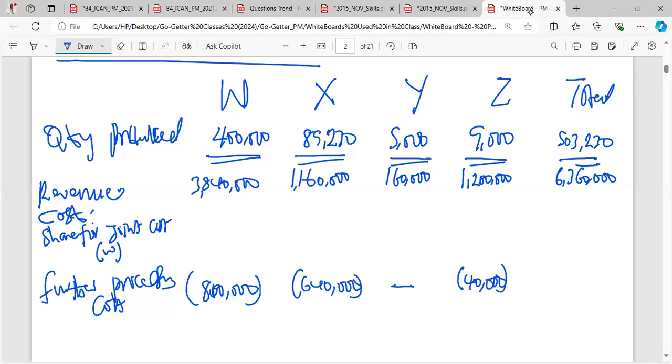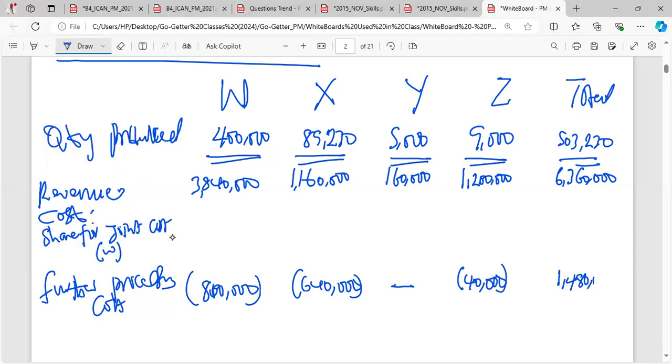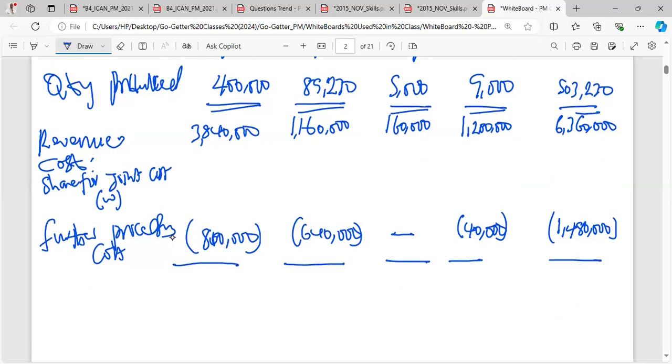You add them together: 800 plus 640 plus 40 gives me 1480. So this should be your profit. You don't know how much the profit will be, so this is your profit or loss, because we are asked to do a profit statement.